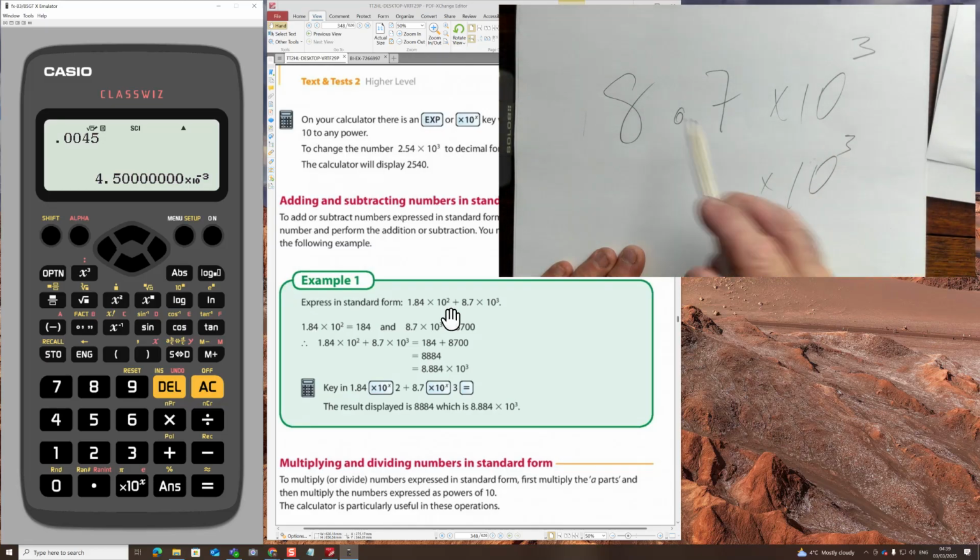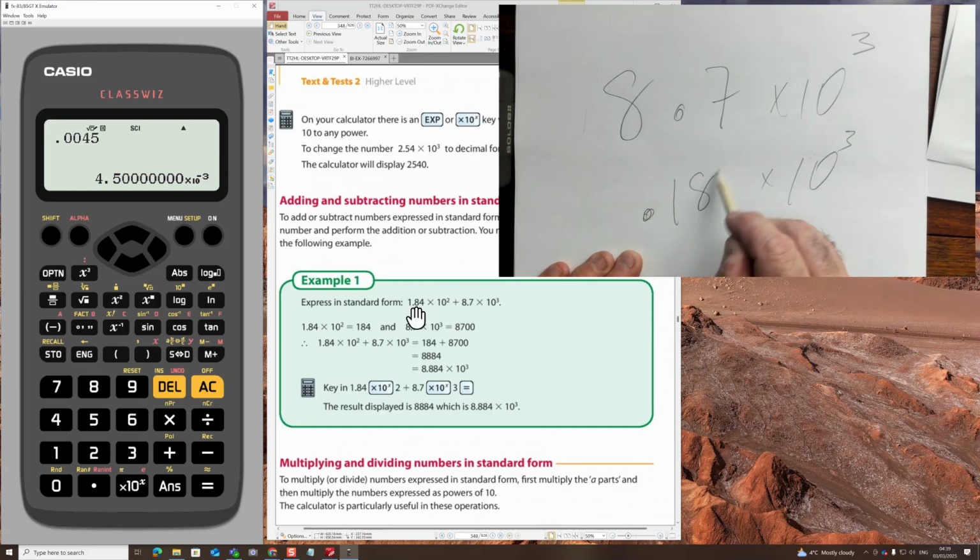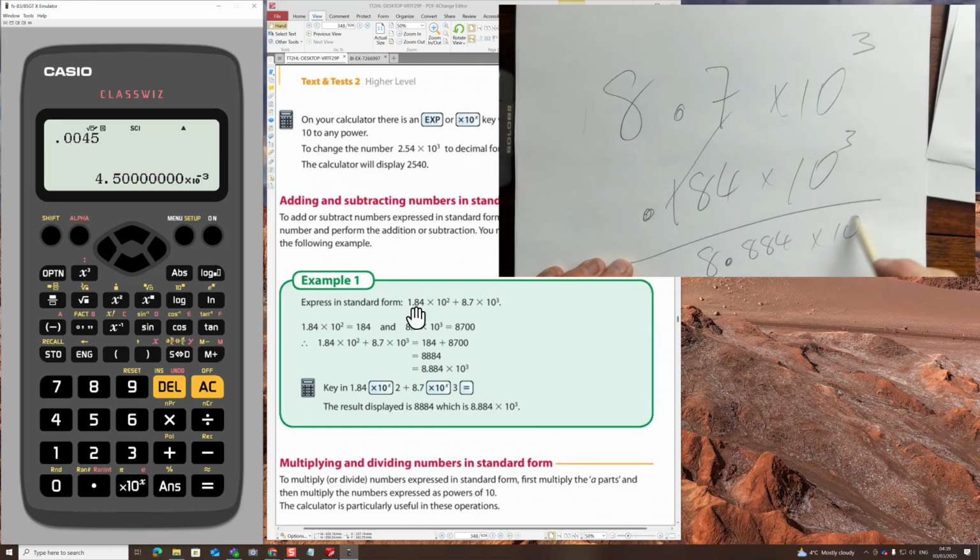So I've written this 10 times too big. So if I've written this 10 times too big, this one has to be written 10 times too small, which is 0.184. Okay, now we're adding them together, so we're going to get 8.884 by 10 to the 3.